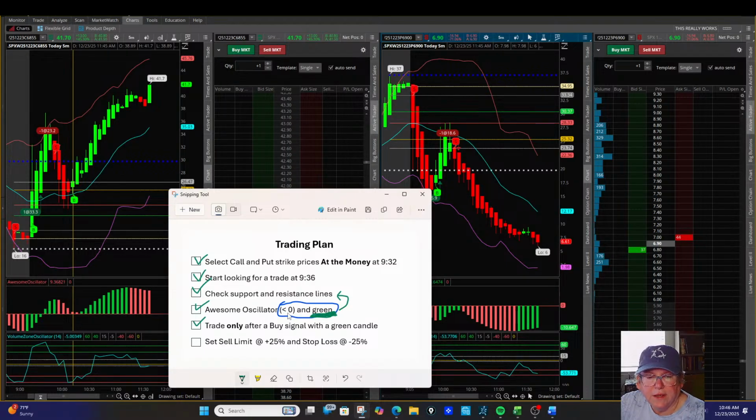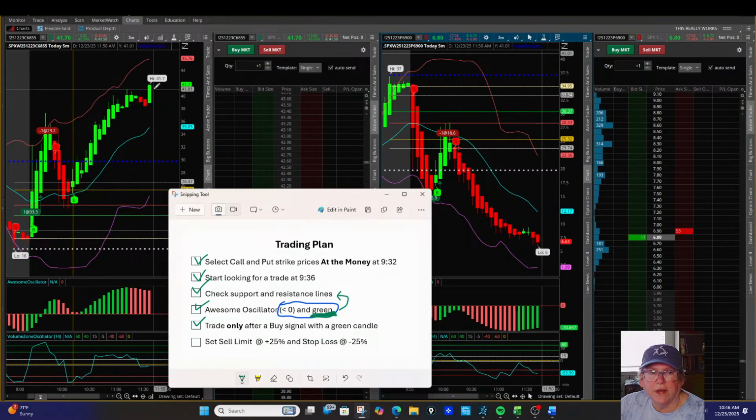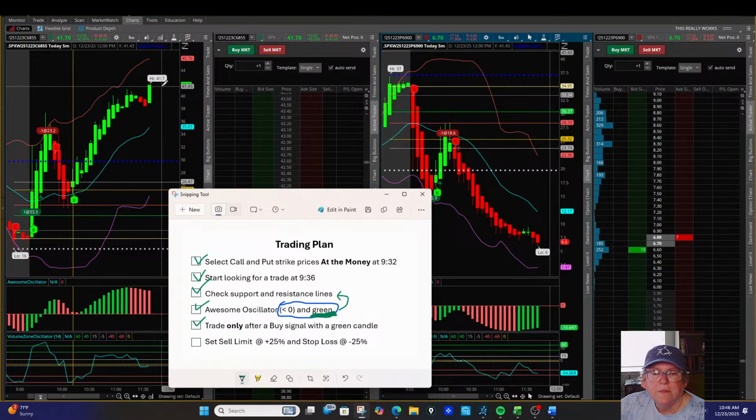It could be that it's greater than a 0 and red. So greater than 0 and red, that could result in a winning trade of the minimum of 25% that I have. And that's generally between $1,000 and $1,250.